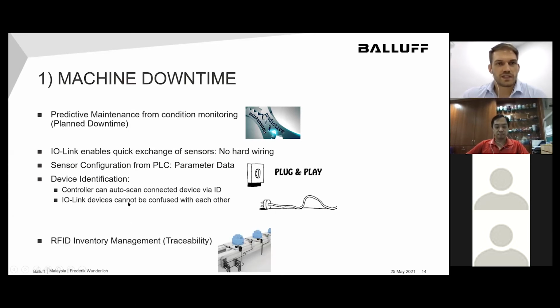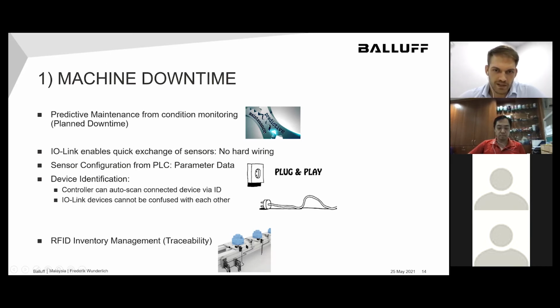One topic that can also help to decrease your machine downtime is inventory management. Typically, it's done via RFID technology. So you can see here on the little picture that these workpiece carriers have a small, in black here, a small RFID tag.